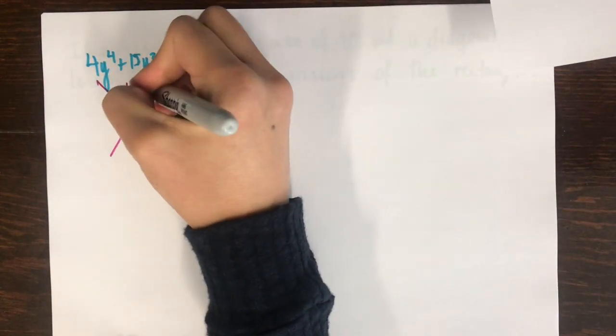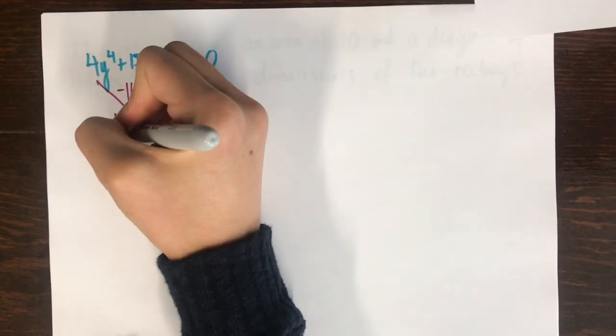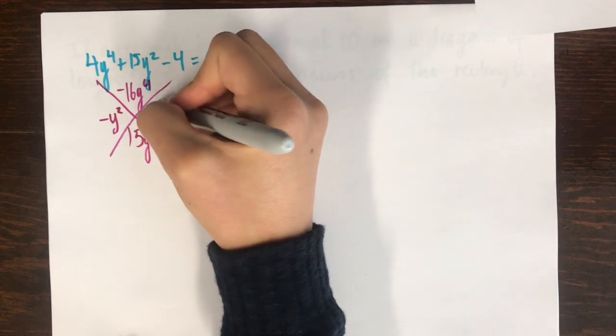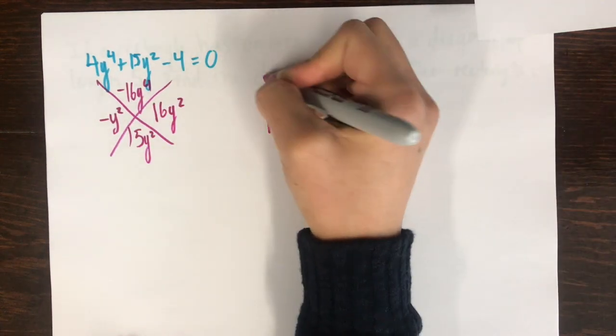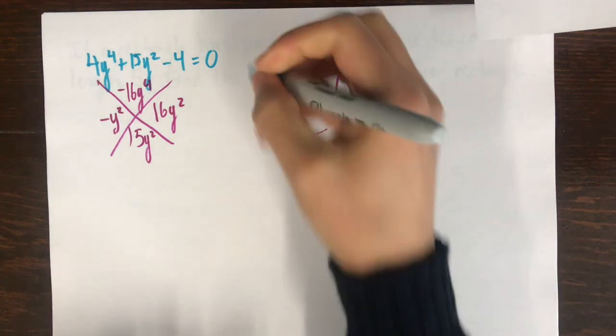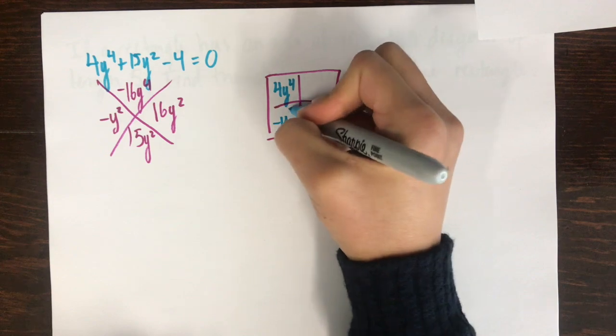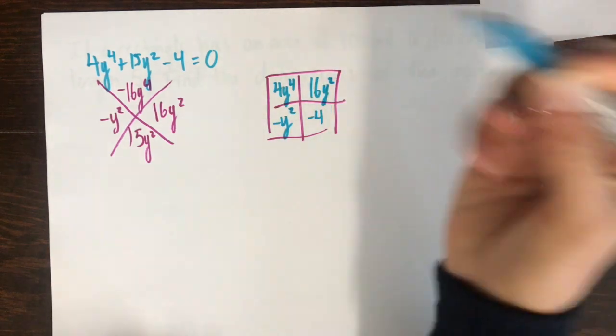So I'm going to factor this using the methods that I've learned. I'm going to multiply 4y to the fourth and negative 4 to get negative 16y to the fourth, and I drop down the 15y squared. The two numbers that multiply to negative 16 and add to 15 are negative 1 and 16, so I put those there. And then I'm going to fill in my box, 4y to the fourth, negative 4, I get negative y squared and 16y squared.